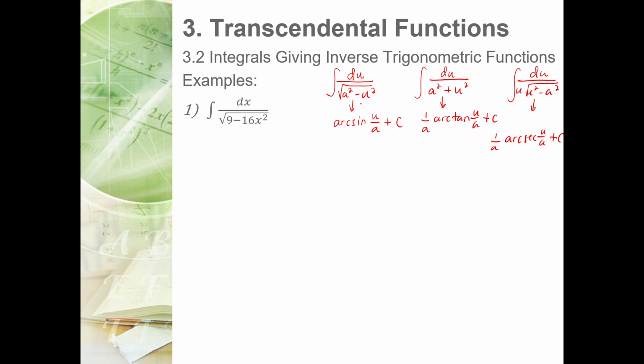Again, I forgot to mention that a squared is your constant, and of course your u is a function of x. Looking at the three formats and at the example, it's more likely the arcsine format.